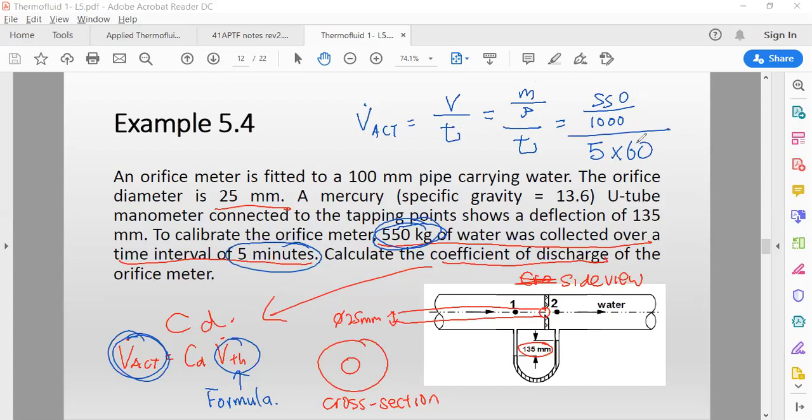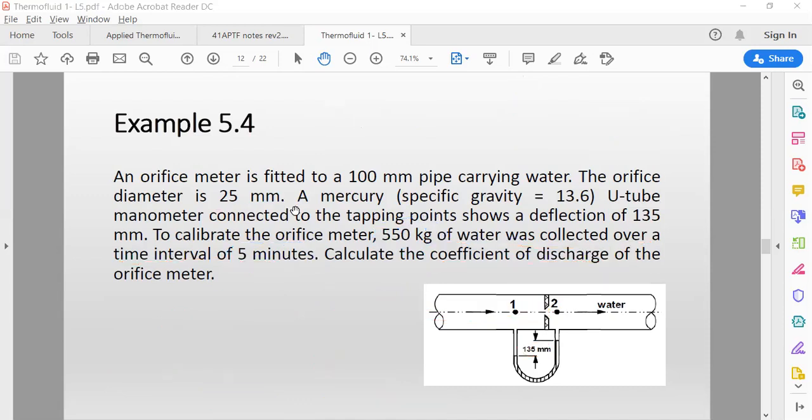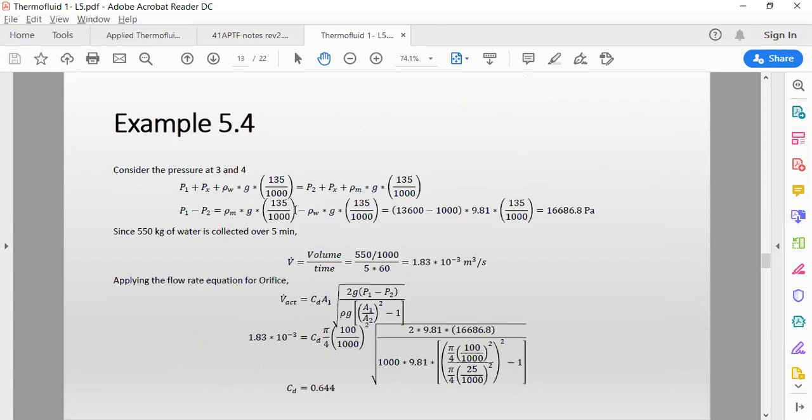You should be able to interpret this from the question. How do we get V actual? It's just volume divided by time. So let's go to the solution. The solution will show the same thing. This is the V actual that we did just now.